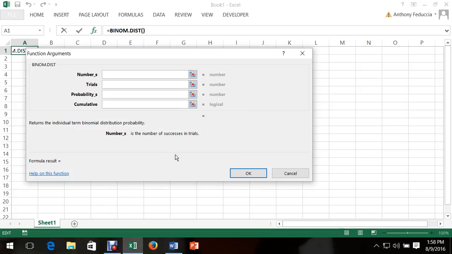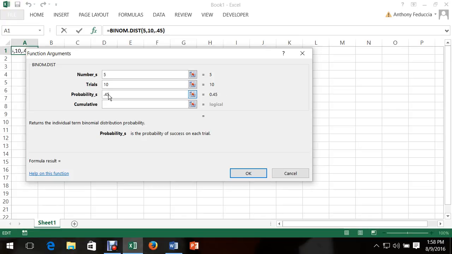What number are you interested in? Well, that's exactly 5, so we'll put 5 in there. How many trials are there? 10. Remember, you need to know N, X, and P for every time you use a binomial. The probability of success is 0.45.